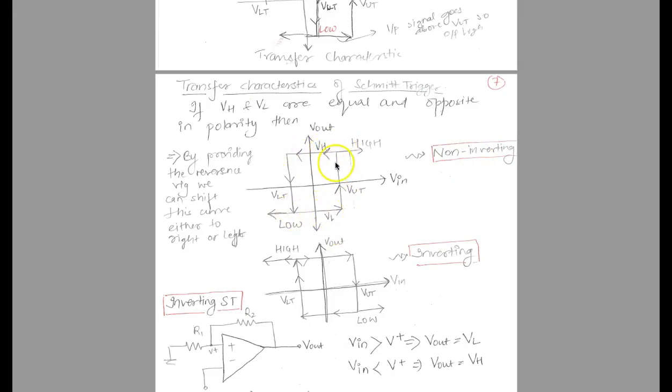You remember at the input side you had VH and VL, and this is going to be your lower threshold limit.